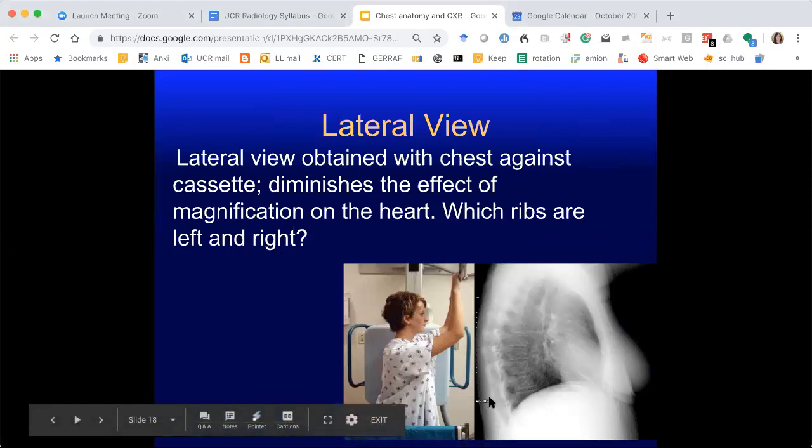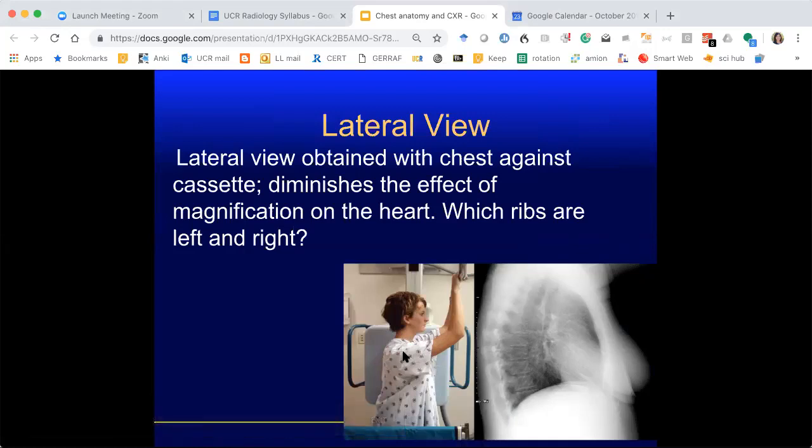Bigger is closer, and this is the magnification effect. Imagine you have a flashlight and you have your hand here. The closer your hand is to the flashlight, the larger it's going to be, and the blurrier, right? You can imagine putting a flashlight on your hands against a garage door or something like that.